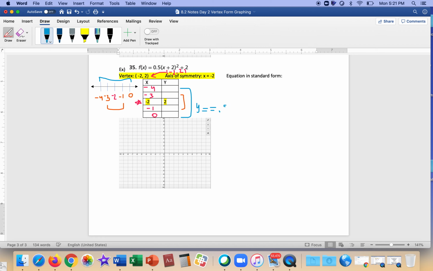So if we do 0.5 times, if I plug in -4, so -4 plus 2 is -2.